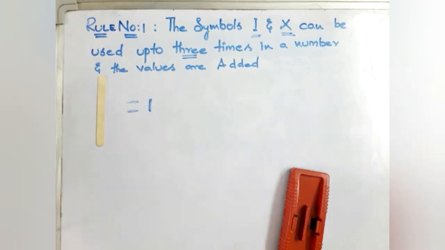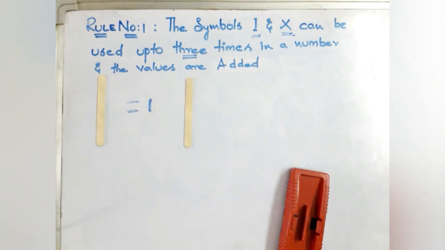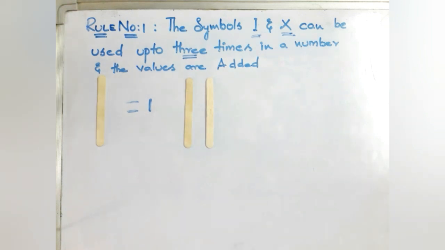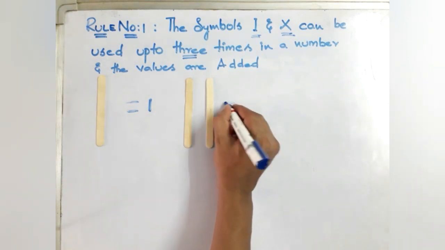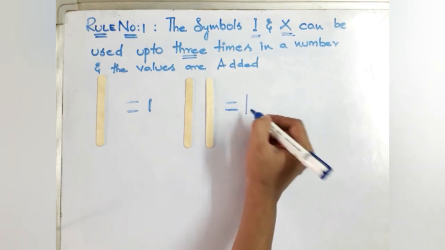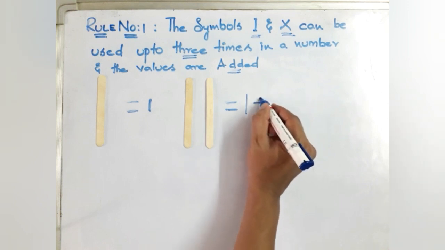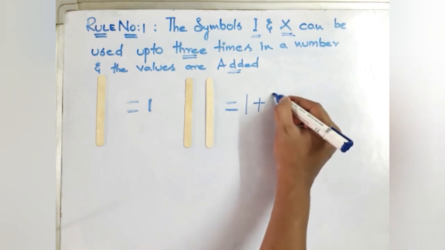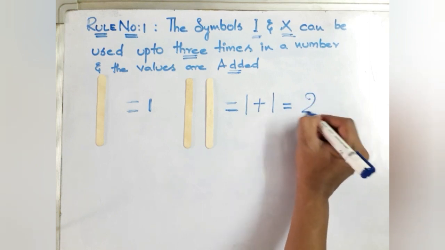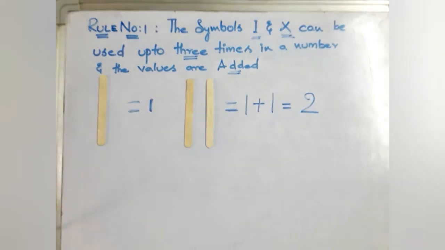If I put I I like this, what will be the answer? As one I indicates 1, here in order to get the number we have to add. So plus we have 2 I's. 1 plus 1, that is equal to 2.